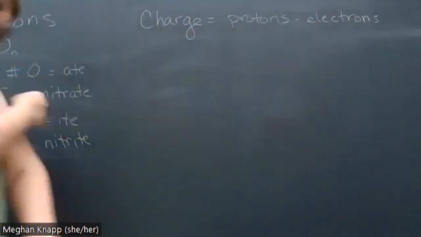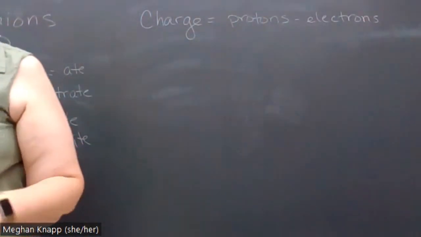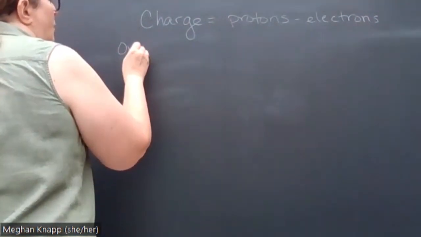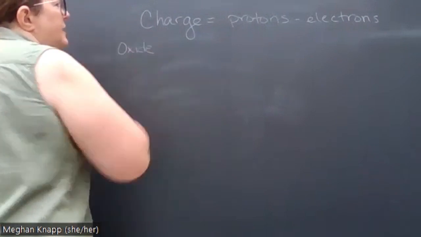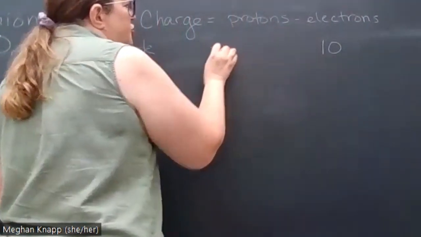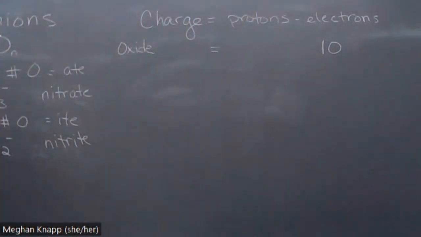So if I have an oxide that has 10 electrons, and I want to know the charge, I need to know how many protons are there. All right, so that's the big element that's in the periodic table there. How many protons does it have?